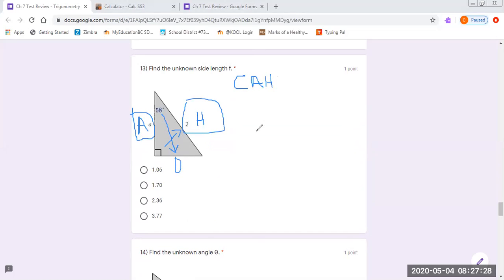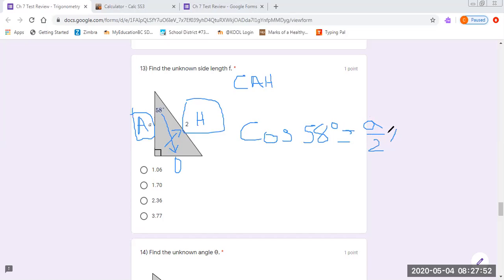So I would write this up as cosine of 58 degrees is equal to, and I'll call this A, because that's what they're calling it here, adjacent over 2 for the hypotenuse.